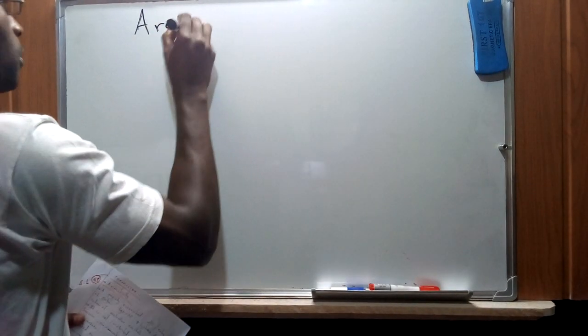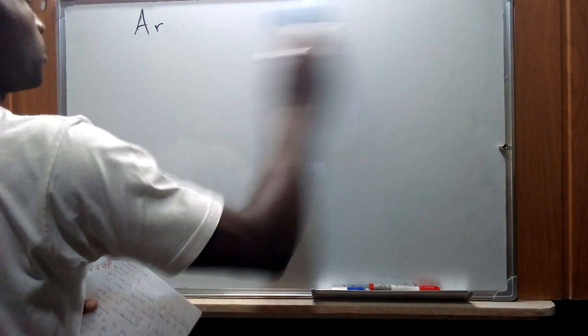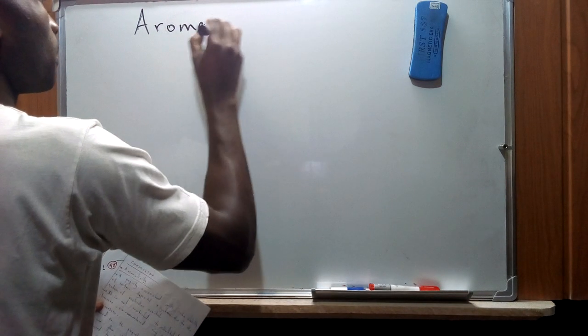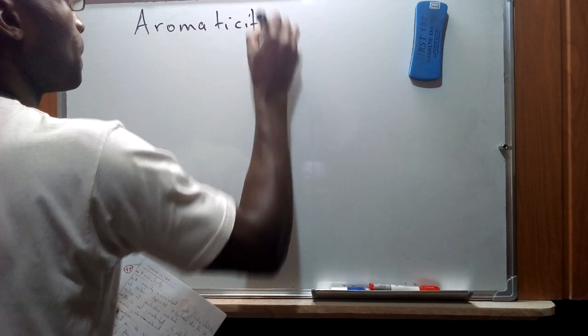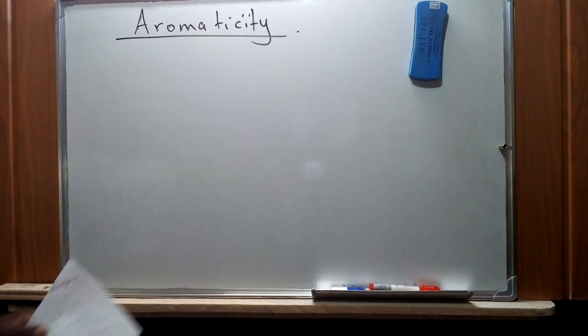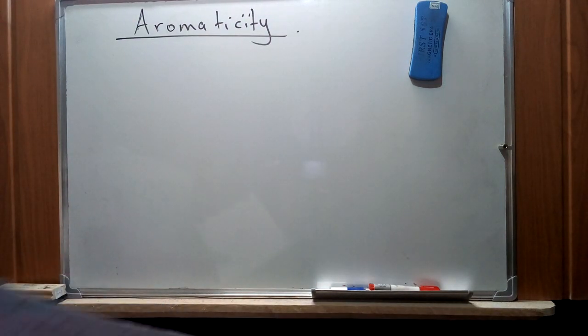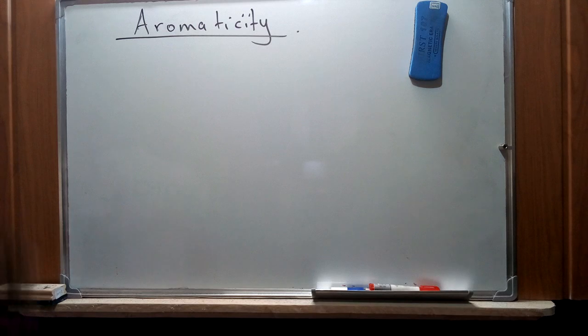So I've mentioned that our topic for discussion today is the concept of aromaticity. Aromaticity is a derivative of the word aromatic, or aromatic compounds, as we have been mentioning in some of our videos where we discussed organic compounds.